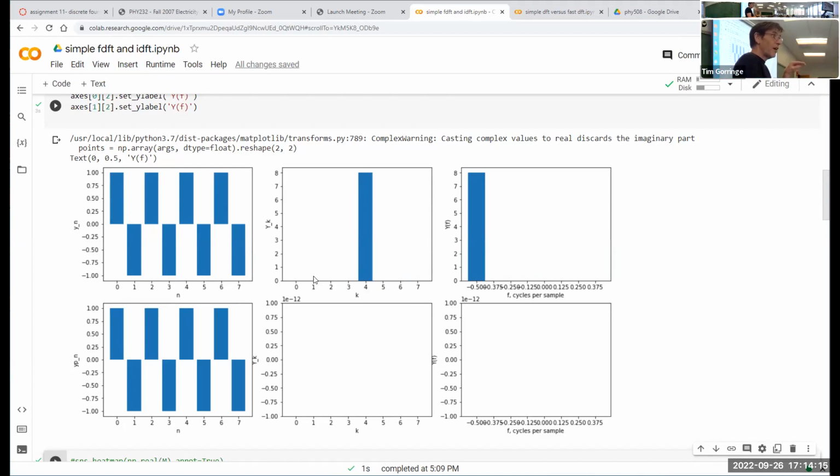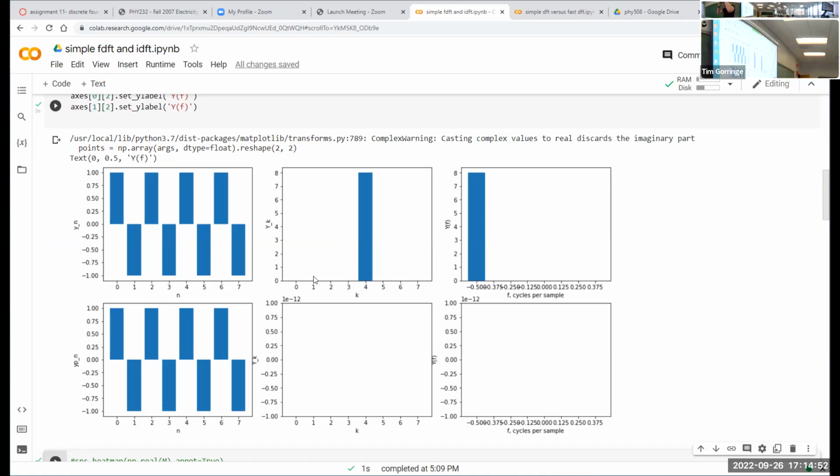You can't see shorter periods or higher frequencies than that. If you had a higher frequency or shorter period, in general it gets aliased to a longer period or lower frequency. So if you've got discrete data, there is a limit on the highest frequency, the shortest period you can see, and it's the size of 2 samples.